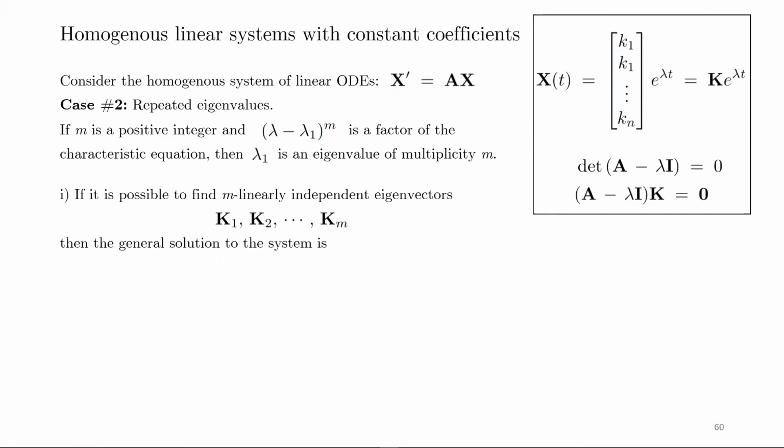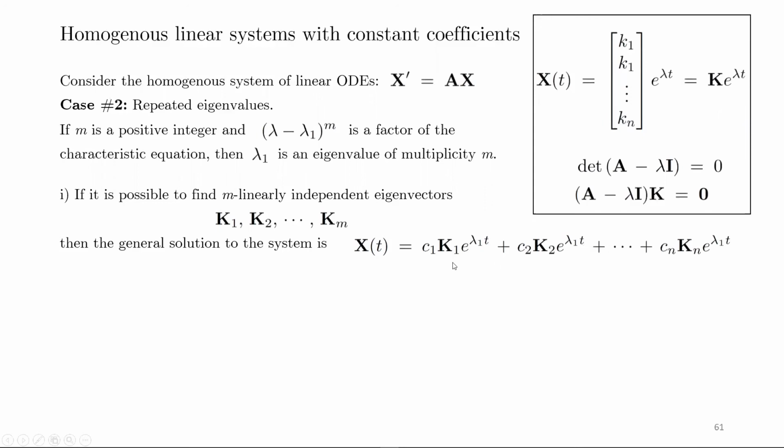If we can find m linearly independent eigenvectors for our eigenvalue lambda 1 of multiplicity m, then the general solution to that system is actually the same as case 1, apart from the fact that the eigenvalue is repeated.